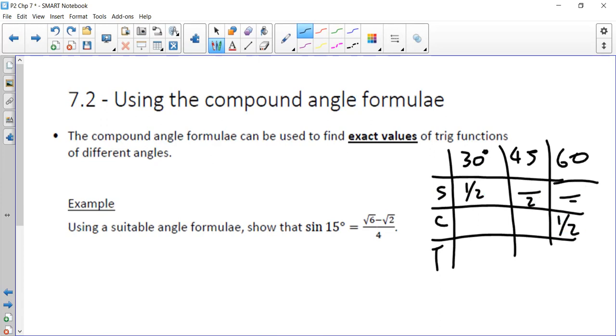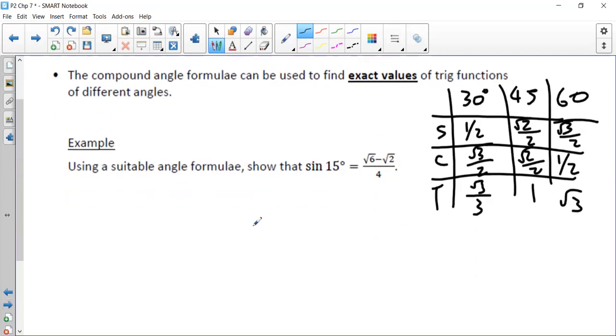If we put them all over 2, on the numerators, 1, 2, 3, for cos is 3, 2, 1, and then put a square root on them. Tan will be root 3 over 3, and then 1, and then root 3. Using these values, we can make different angles out of them, because we can also find the special angles of 15 degree, for example, 45 and 30 makes it 15.